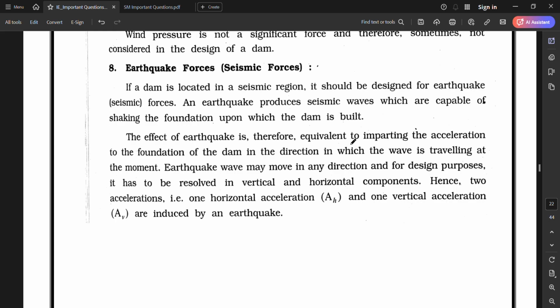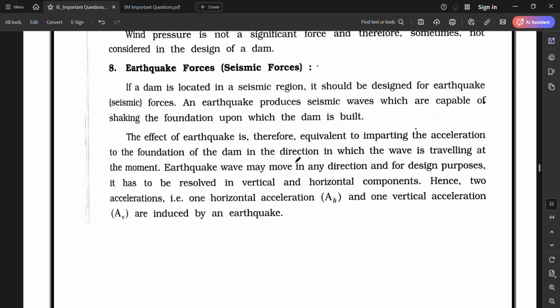Earthquake waves may move in any direction, and for design purposes, it has to be resolved into vertical and horizontal components. Hence, two accelerations, one horizontal acceleration and one vertical acceleration, are induced by an earthquake.